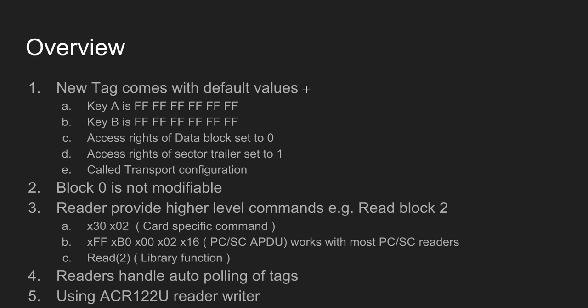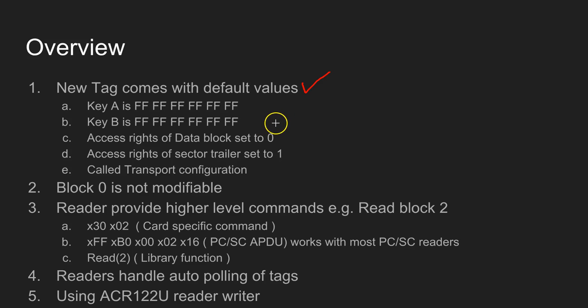Now, whenever you buy a new tag, it always comes with the default values. We'll not be interested in the default values of the entire memory. What we have to know is the default values of the key, because in my previous video I mentioned that in Mifare Classic tags you cannot read or write without key authentication.